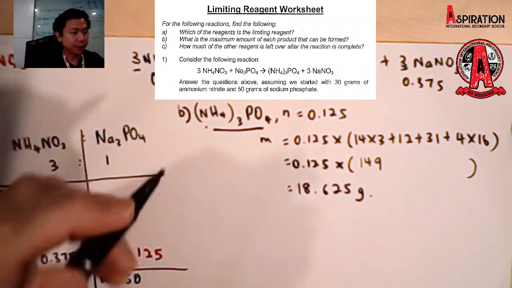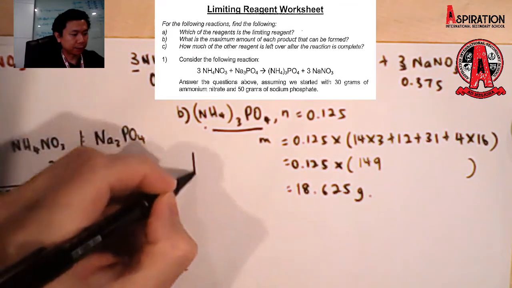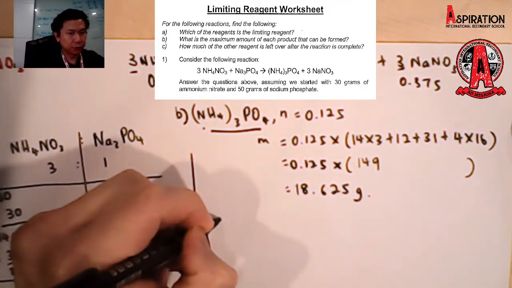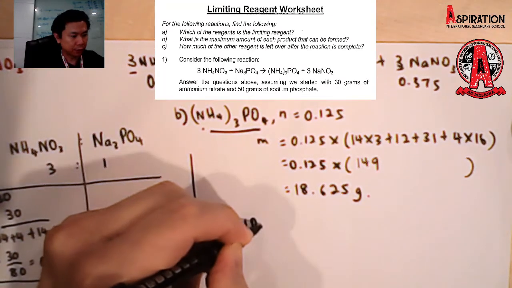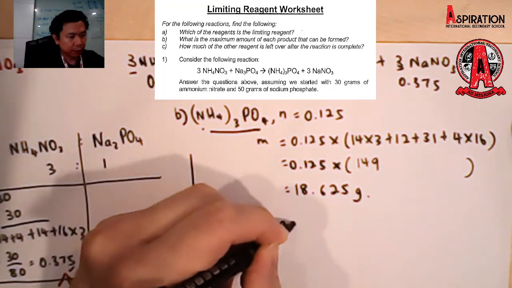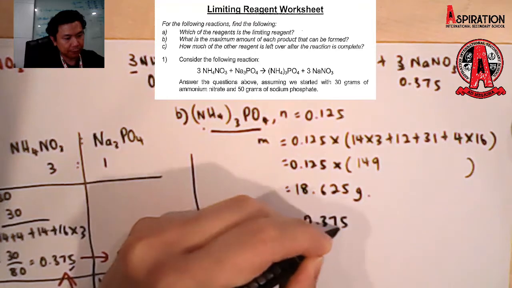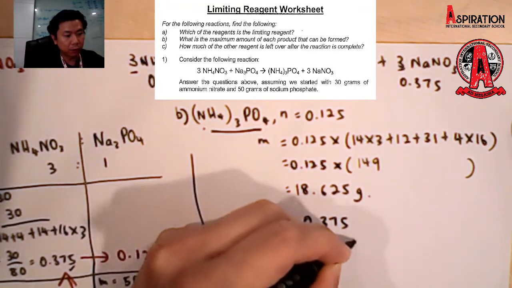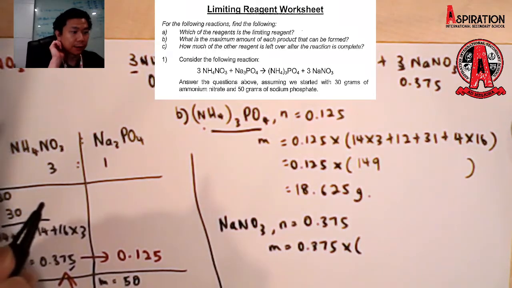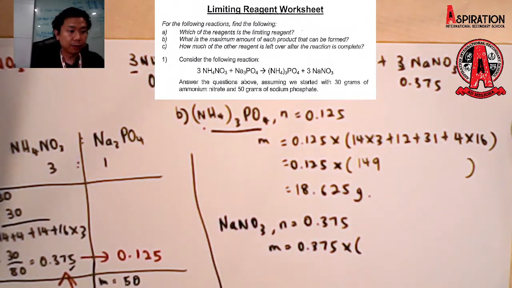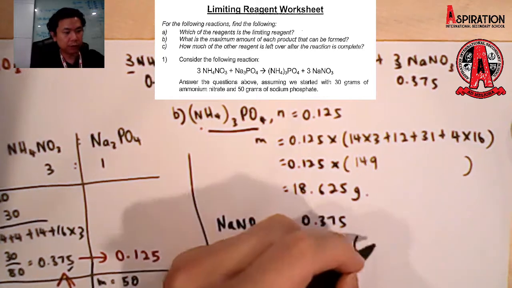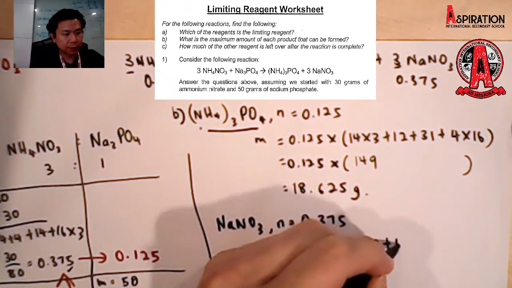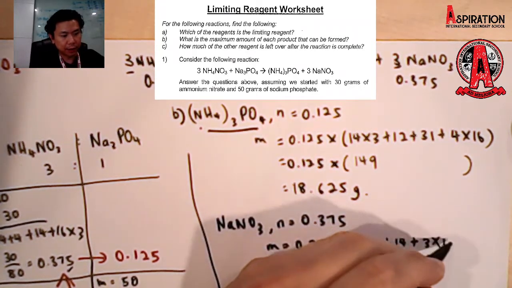Well, I'm halfway done. So now the next product would be sodium nitrate, and the number of moles would be 0.375. So again, to calculate the mass, you need the mass of 1 mole, or we call it the molar mass of sodium nitrate. So we've got 23 plus 14 plus 3 times 16.